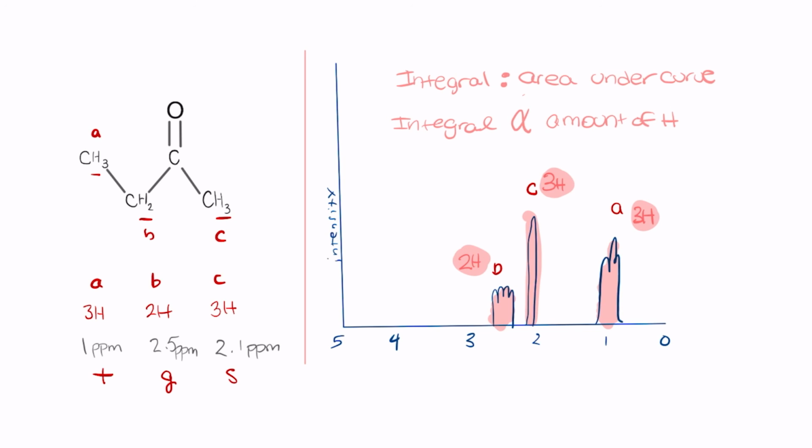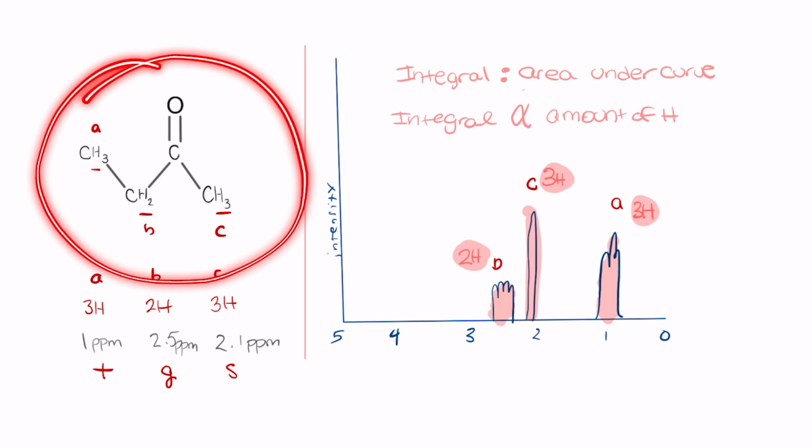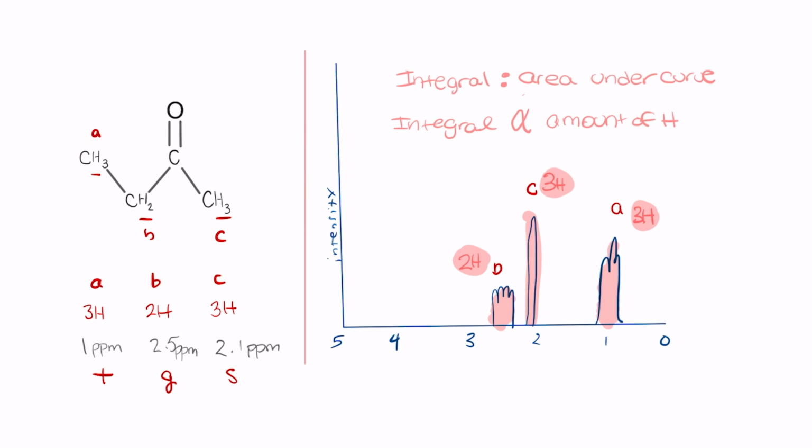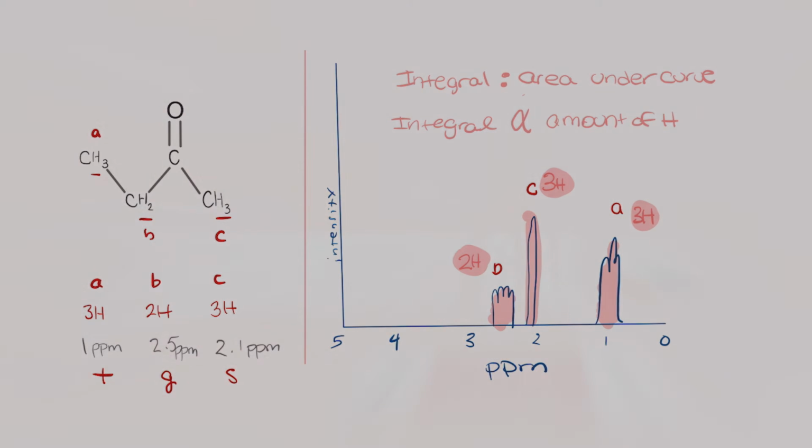But theoretically speaking, if you put this compound in an HNMR spectroscopy machine and you got out an HNMR graph, the area under signal A is going to be equivalent to the area under signal C. And the area under signal B is going to be less than the two of those. So give yourself a pat on the back for drawing out this HNMR graph.